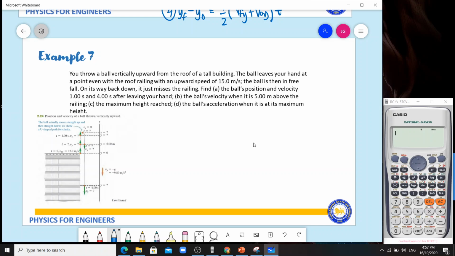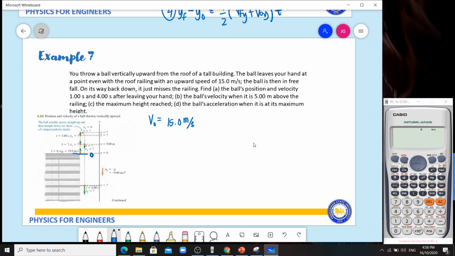So, ang given natin, ang V0 natin dito, dahil tinapon siya pataas, okay, hindi siya kusang nahulog. Tinapon muna siya pataas. So, 15.0 meters per second. Ayan. Yan ang initial velocity niya. And then, anong hinahanap? Maglagay tayo, ang datum na lang natin dito is dun sa railing kung saan siya nagsimulang itapon.